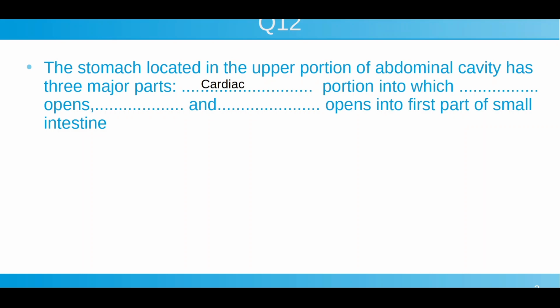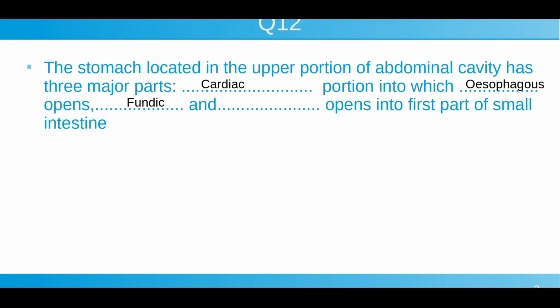So first is, the stomach has major parts. First one is the cardiac portion into which the esophagus opens. Okay, so the first part of the stomach is the cardiac, into which your food pipe opens. Very important.